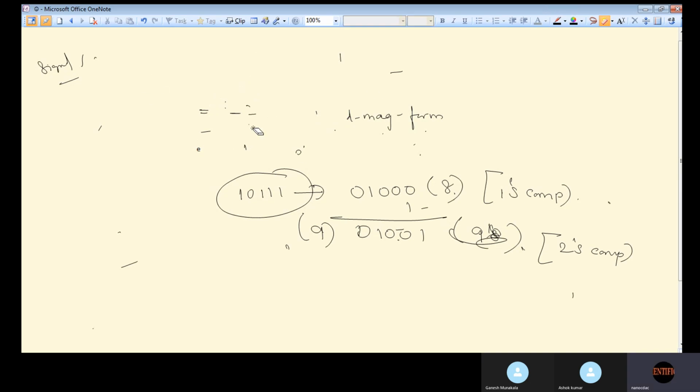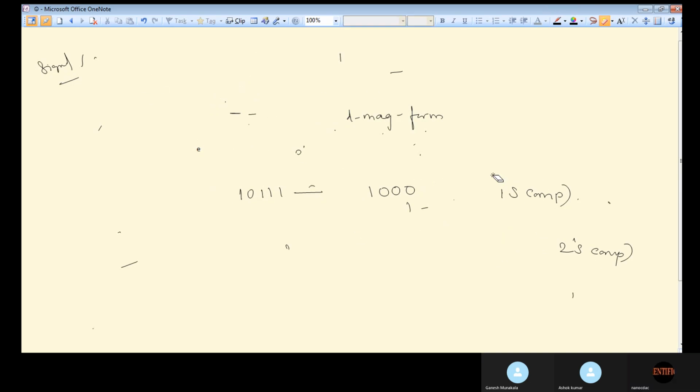Now I will give you one more binary number. You tell me what is the equivalent when you represent in signed magnitude form, two's complement form and ones complement form. It is 1101010.